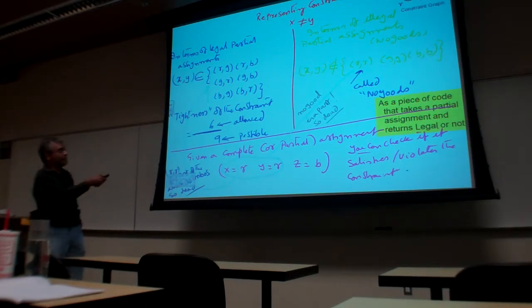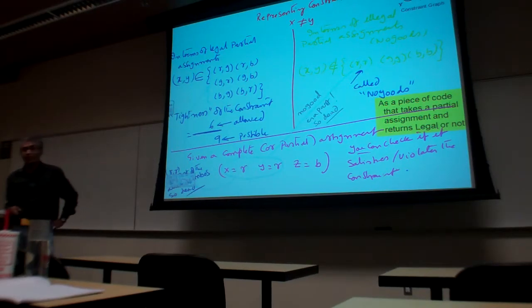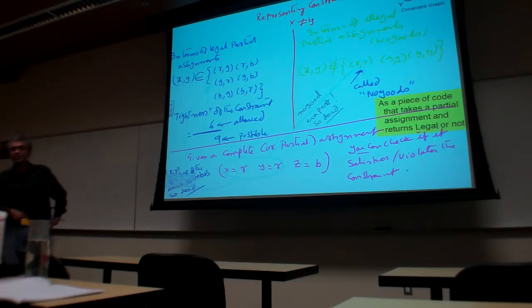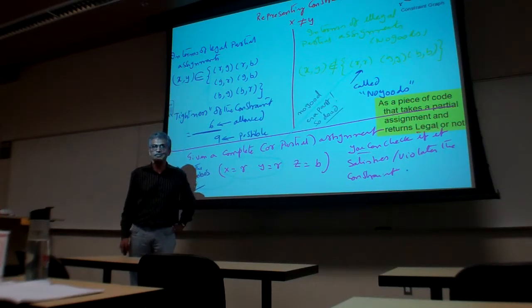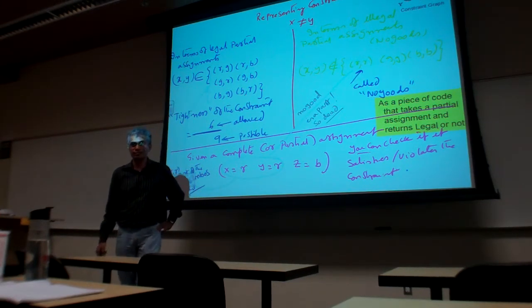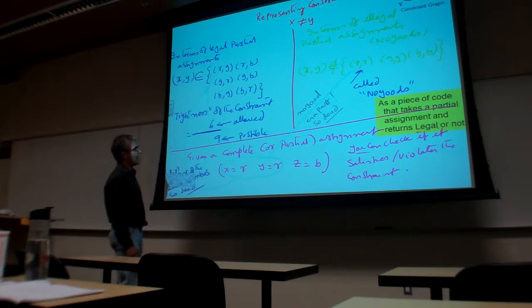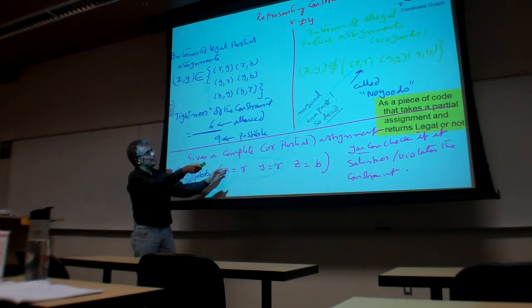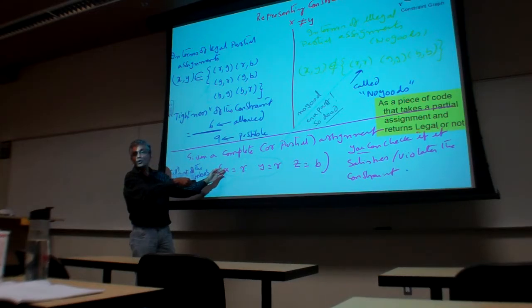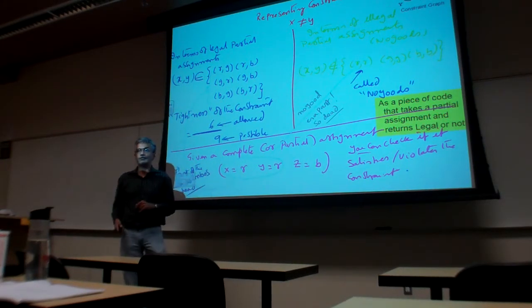This I already mentioned, that representing a simple constraint like x is not equal to y can be written either in terms of legal partial assignments, or in terms of illegal partial assignments, which will be called no goods. Suppose this assignment contains a no good because RR is a no good, so I say it's dead.